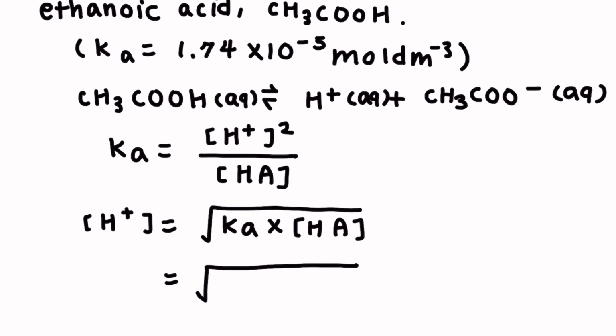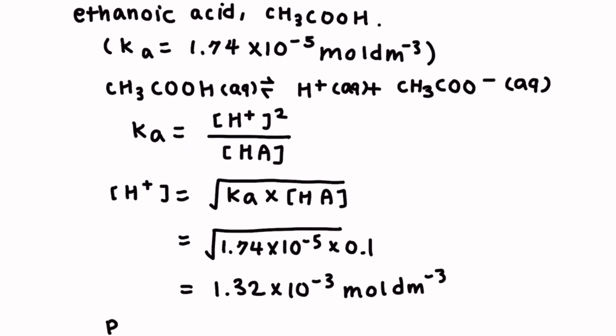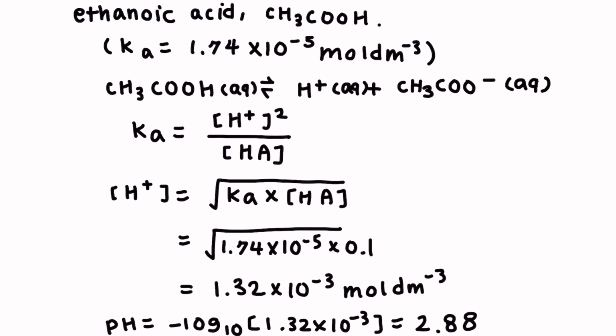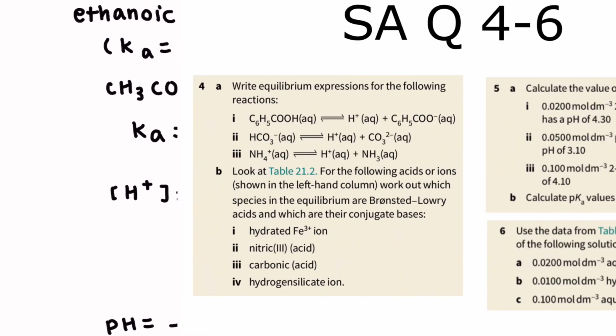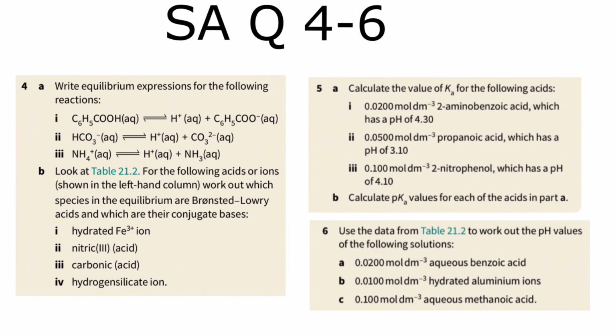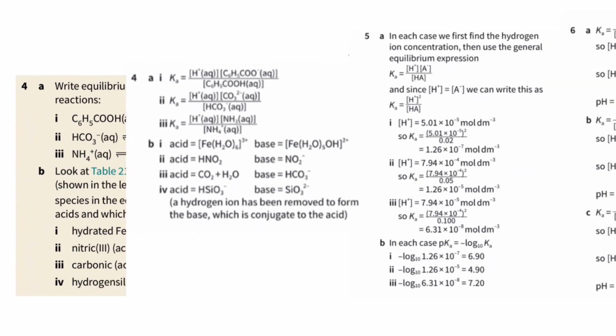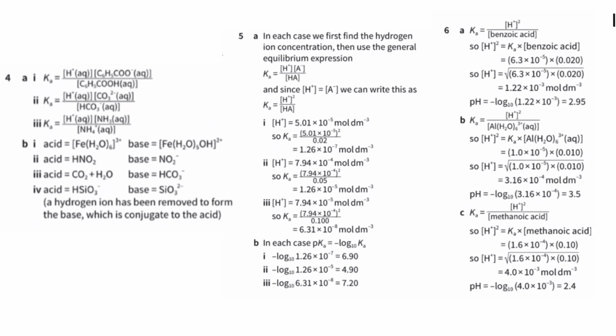Put the Ka value and concentration of acid into the equation and use your calculator to find the H plus ion concentration. Then put the H plus ion concentration into the pH equation and use your calculator to find the final answer. Let's solve SAQ 4, 5, 6. These are the answers.